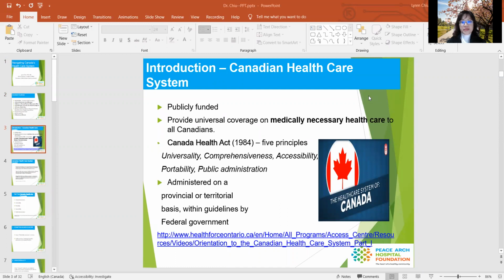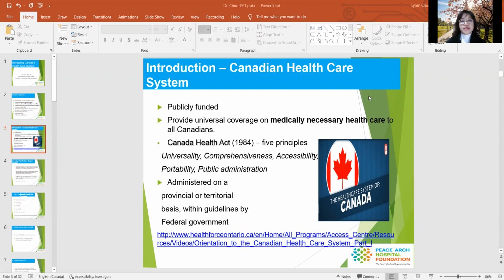Let me begin by giving you some general information about the healthcare system in Canada. The Canadian healthcare system is publicly funded and provides universal coverage of medically necessary healthcare to all Canadians.